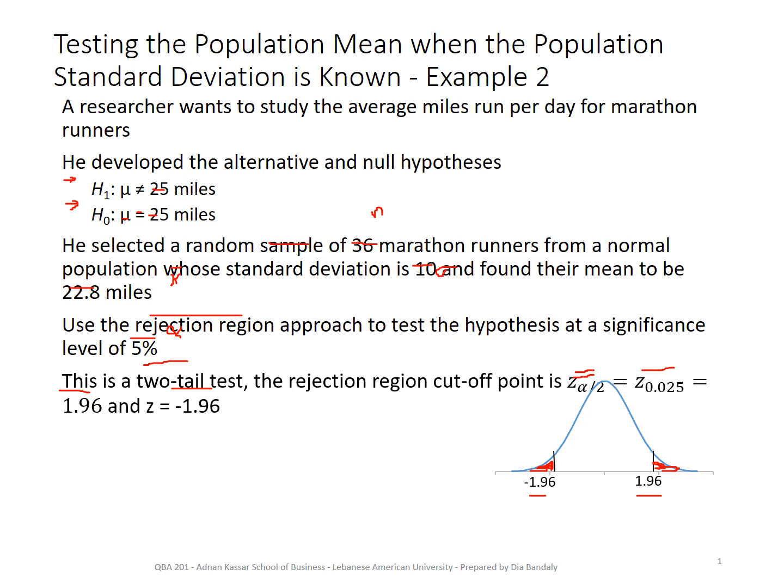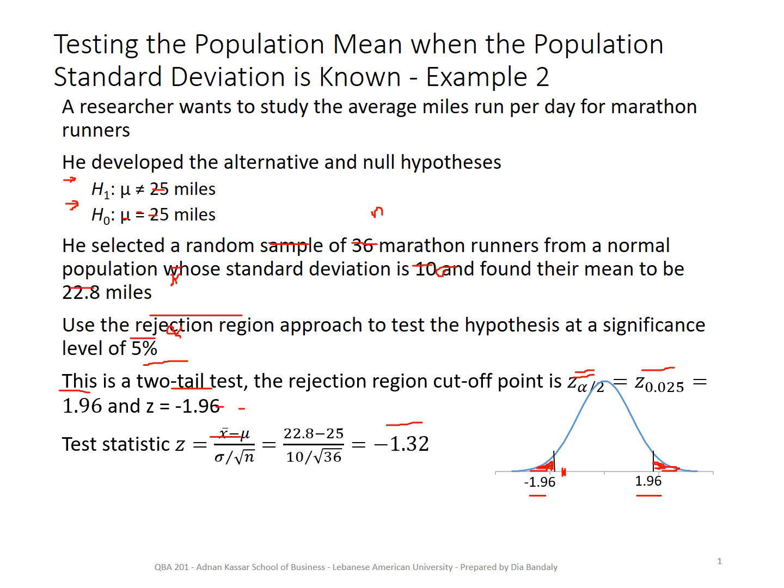So that's it. We now just want to find our test statistic, which we get from X bar, right? So Z equals X bar minus mu over the standard deviation of the sampling distribution, which is sigma over the square root of n. We plug all the values in place and we get minus 1.32. So minus 1.32, we look at it, it's somewhere here, because it's greater than minus 1.96.